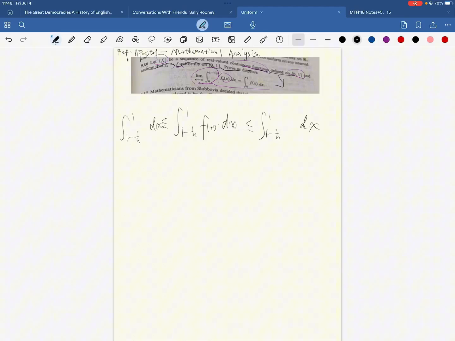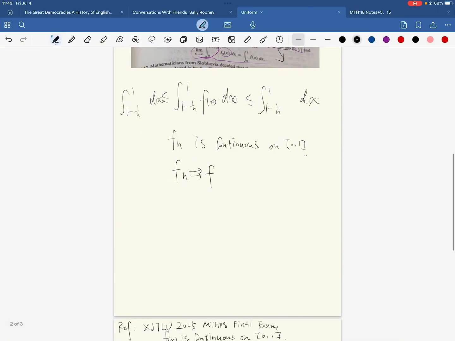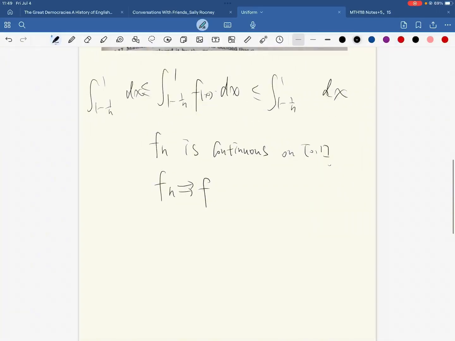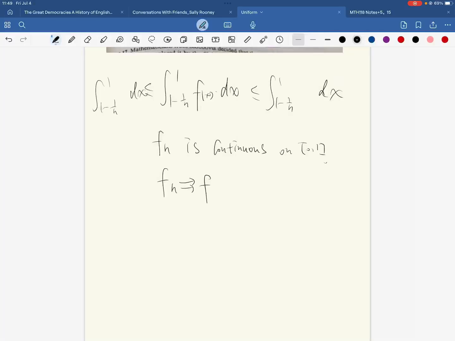So Fn is continuous, and since Fn converges to F uniformly, by the fact that uniform convergence preserves continuity, we know that F is continuous on this compact interval. Actually, this is a theorem with an easy proof.